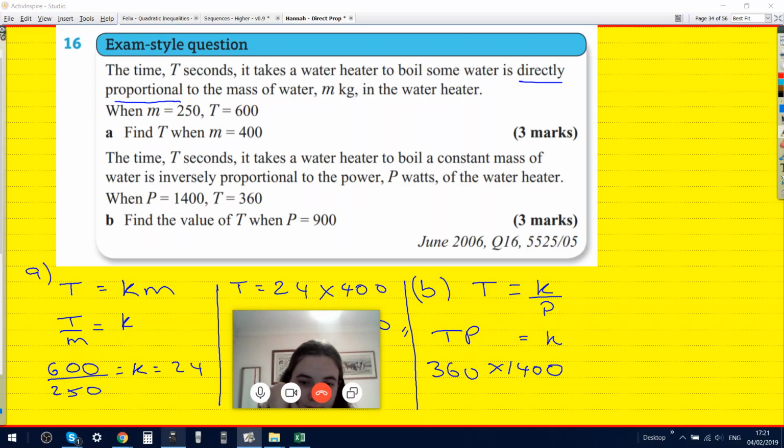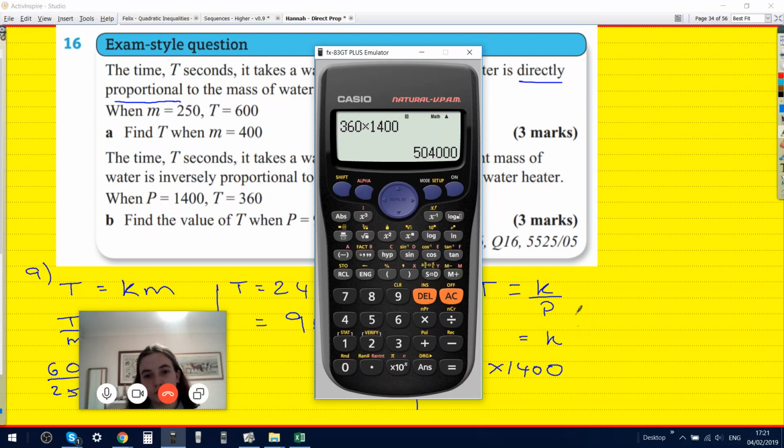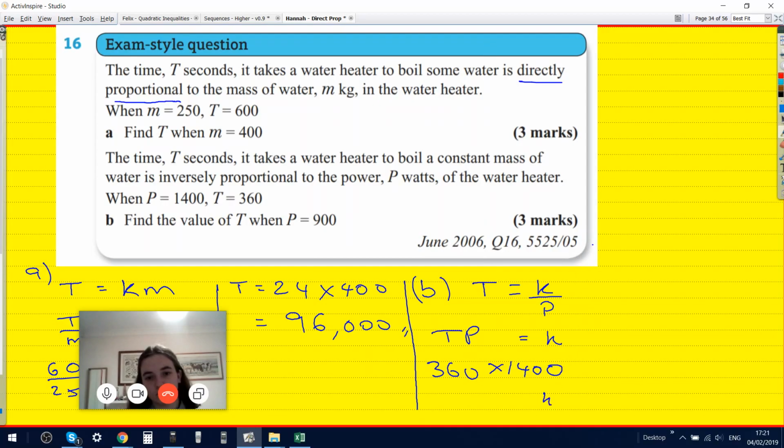I'm going to assume this is calculator. $504,000. Okay.